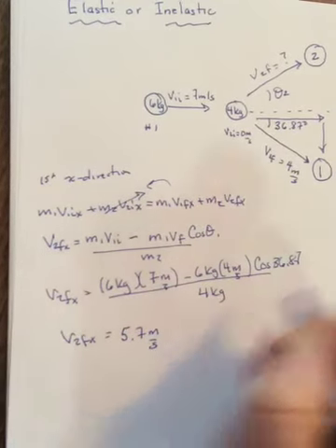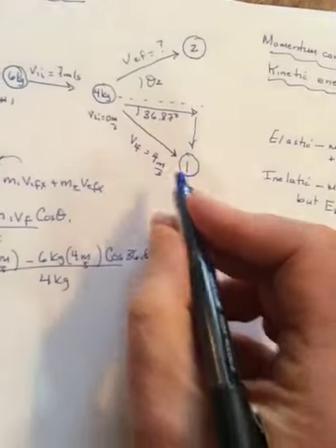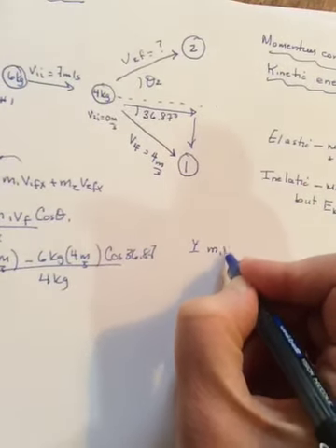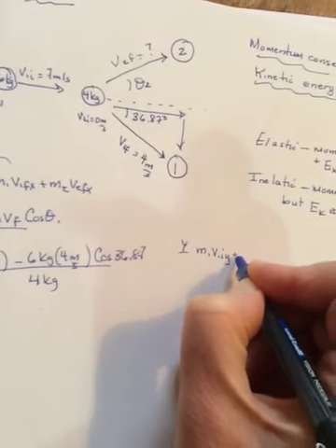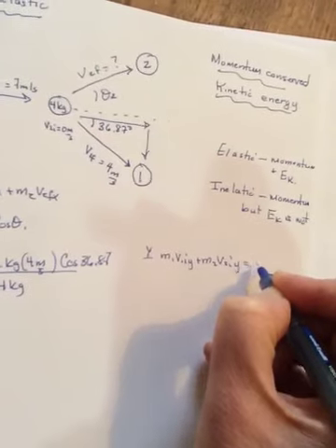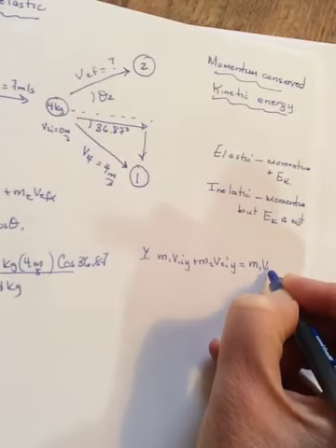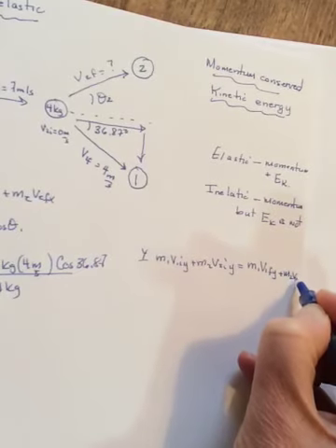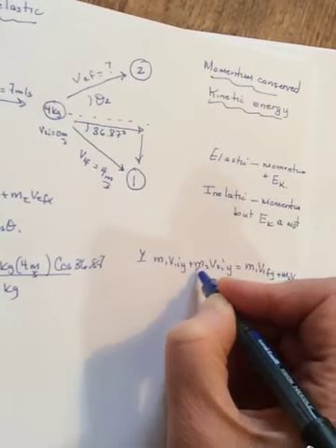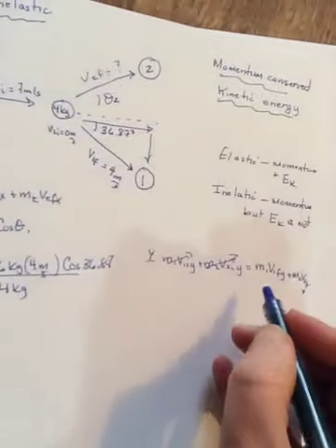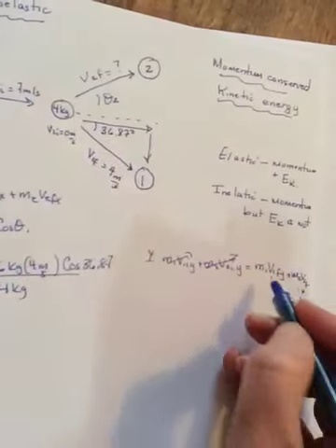Now I need to do my v2fy, so I do the y direction. m1v1 initial y plus m2v2 initial y will equal m1v1 final y plus m2v2 final y. These both go to 0 because initially m2 is not moving at all and m1's only moving in the x direction.